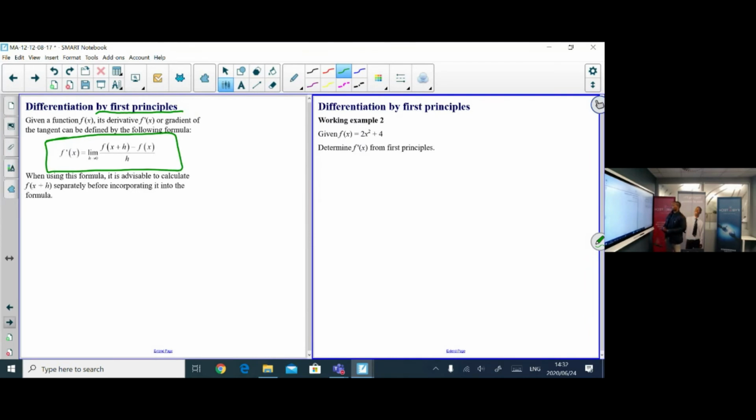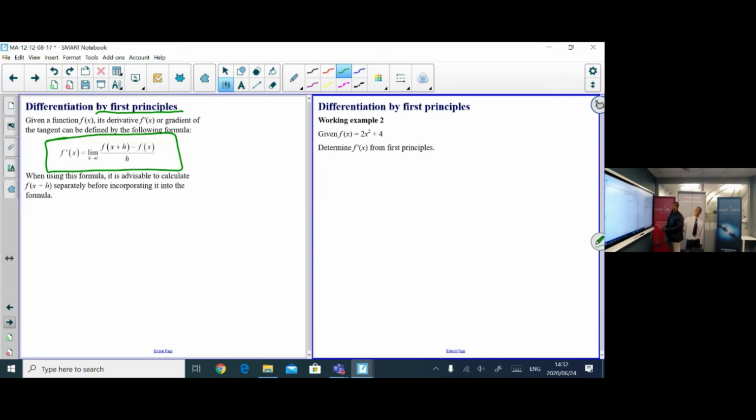So h is an arbitrarily chosen letter again, like we mentioned. It simply means a slight deviation from your x value. So we use this to get to our limit, as the function is actually a gradient function.